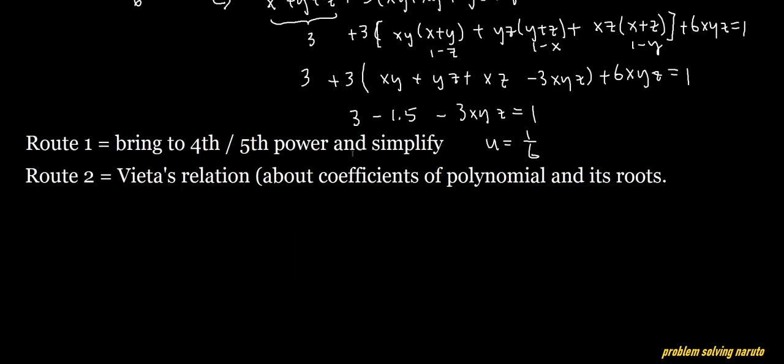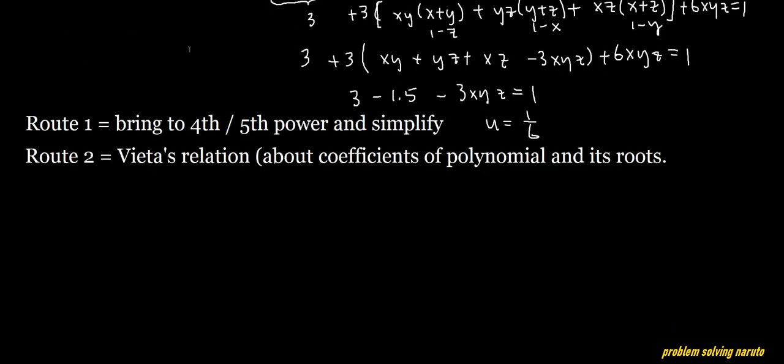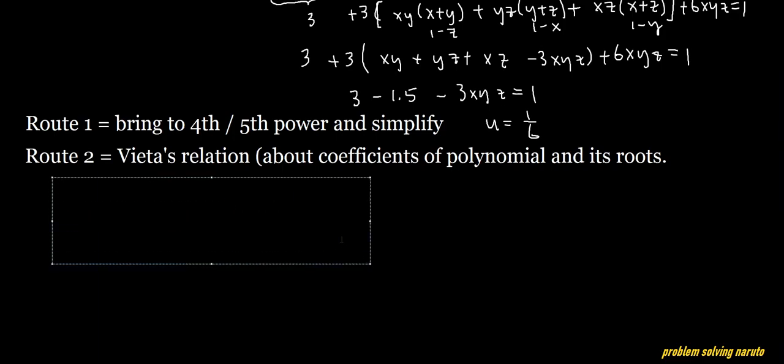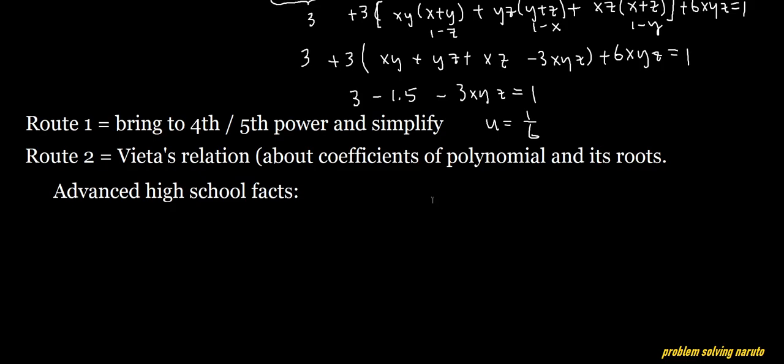So again, let's have some Olympiad facts. These are not really Olympiad but advanced high school facts. I think if you are in high school, you may have seen it before. So let's say you have a quadratic.